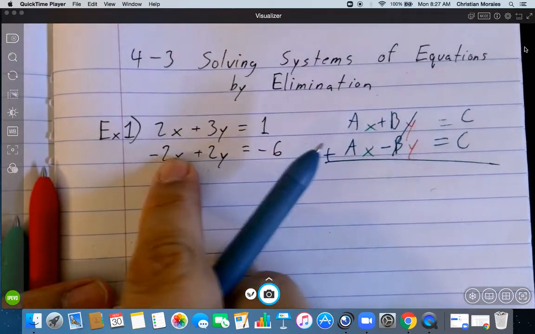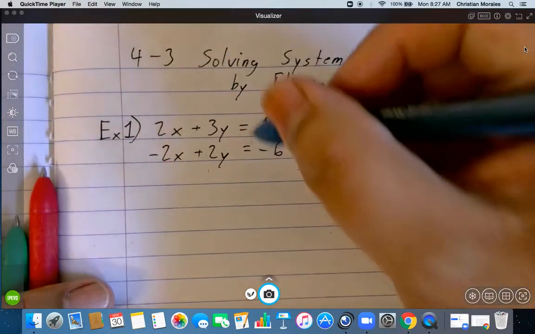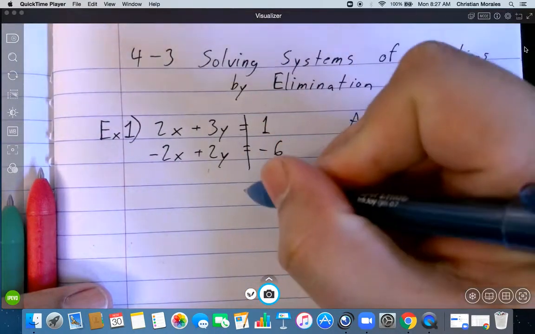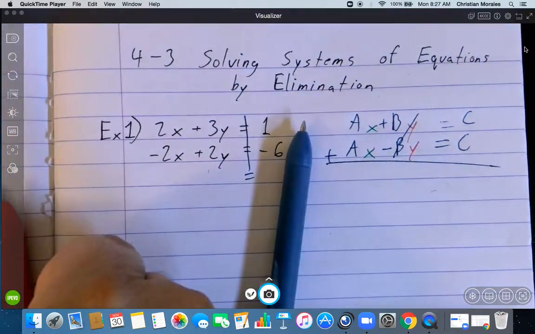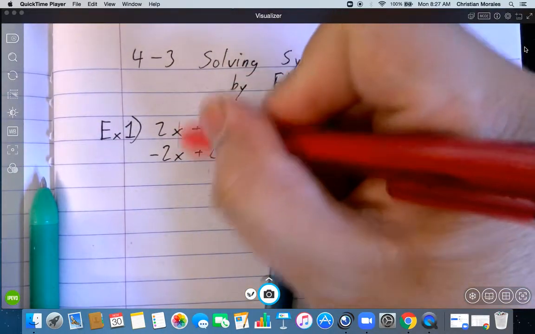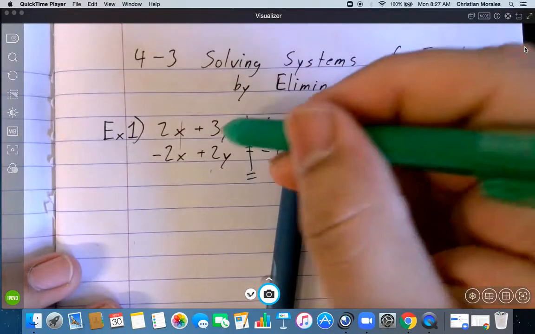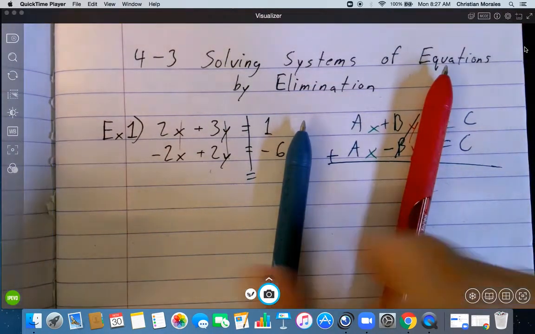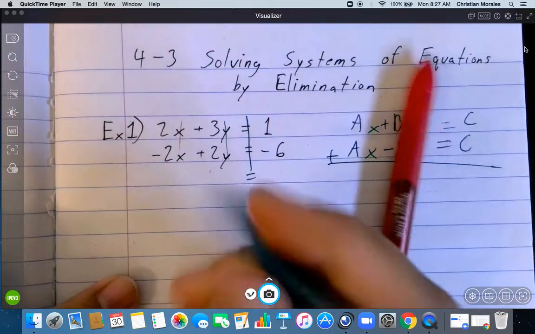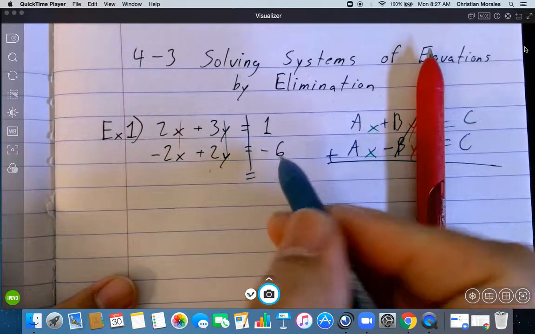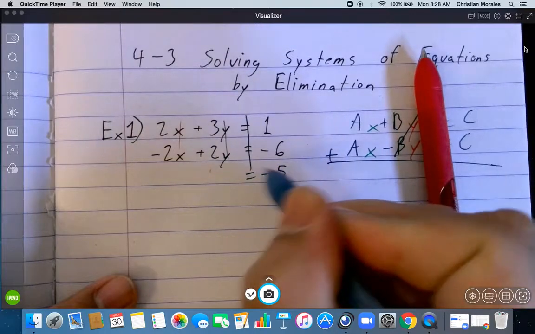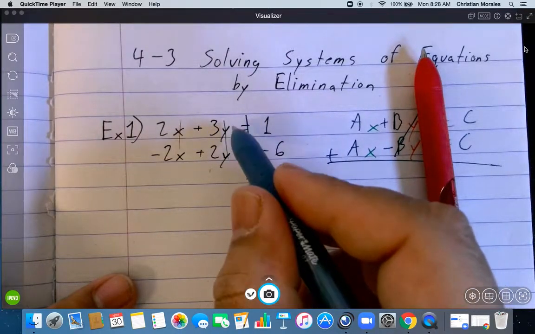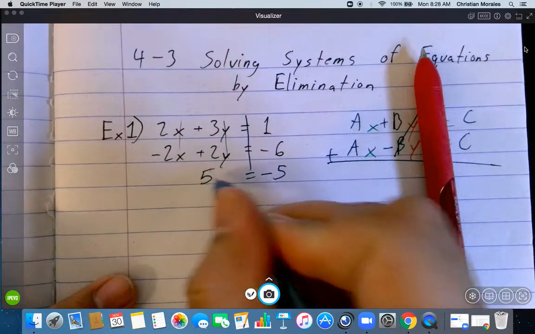Right here, we're going to add this up. So I'm going to line up my equal sign, and you're going to notice my x's line up and my y's line up. So everything lines up one on top of the other. Now, when I add these up, 1 plus -6 would be a -5. 3 plus 2y, these would be 5y.